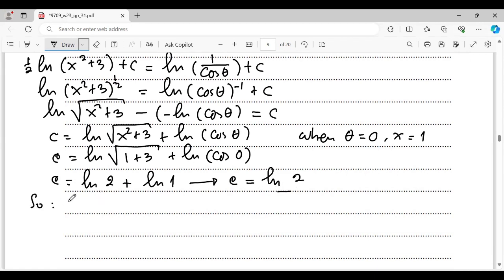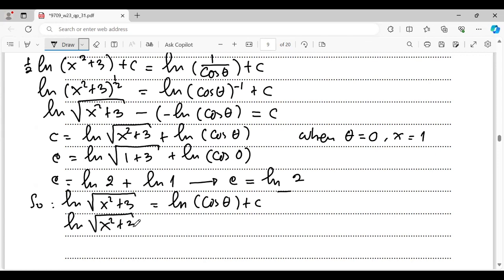So ln square root of x squared plus 3 equals ln cosine theta plus c, which becomes ln square root of x squared plus 3 equals ln cos theta, yeah, c equals ln 2.